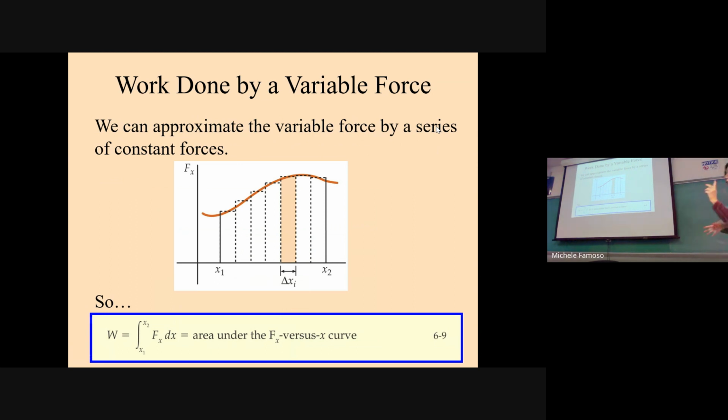So the work, and I'm not sure if this is written on your reference table or not, is equal to the integral of the force with respect to the position. Now, in your text, at least in this section of the chapter, they write F sub x dx.